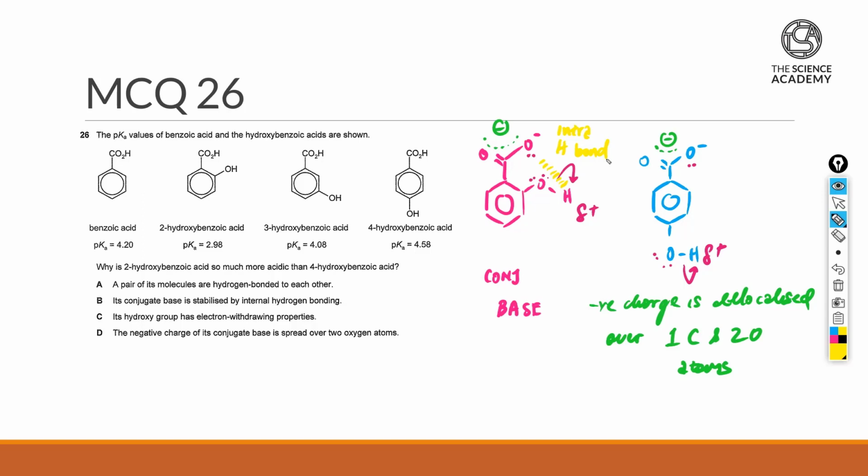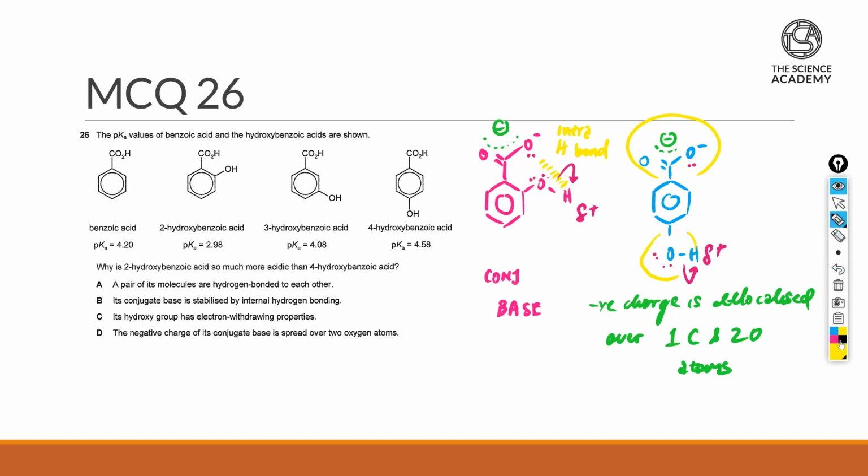But for the case of the 4-hydroxybenzoic acid, because both of the functional groups are a distance apart, they are unable to form an intramolecular H bond. And this means that it does not have the additional stability as compared to the positional isomer of 2-hydroxybenzoic acid.